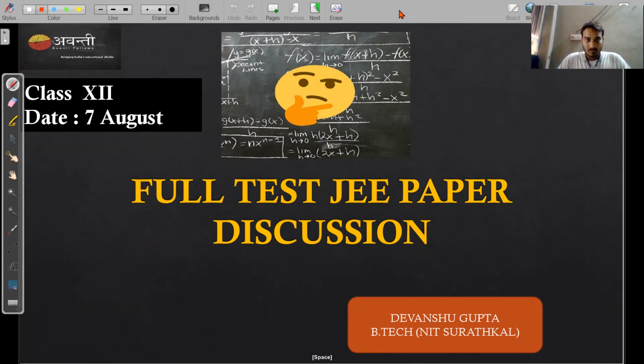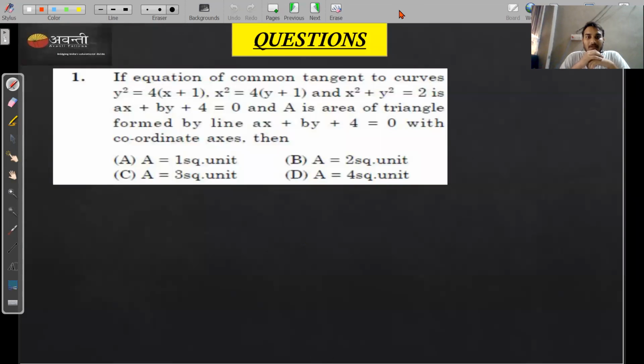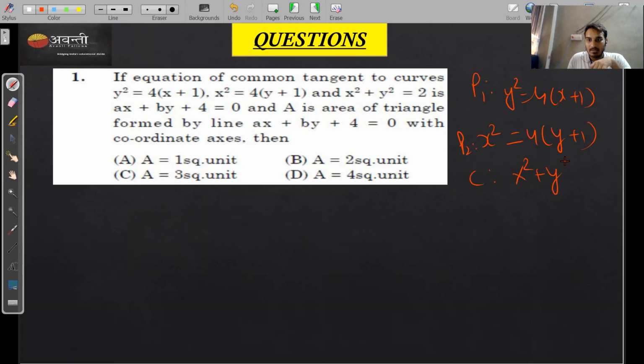So the first question is we have to find the common tangent between these three curves. The first curve is a parabola given by y square equal to 4 times (x plus 1), and the second parabola is given by x square equal to 4 times (y plus 1), and there is also a circle given by x square plus y square equal to 1.